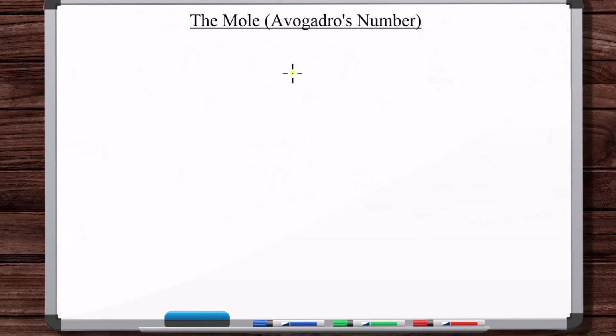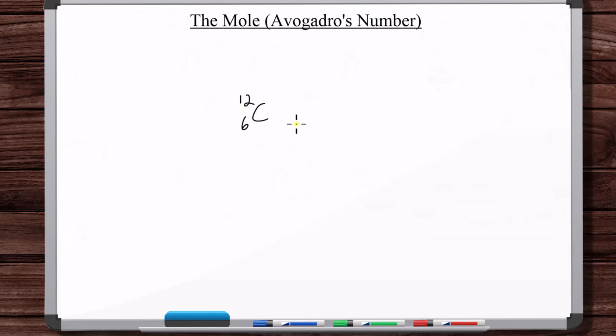Okay? And the definition of the atomic mass unit is based on the carbon-12 isotope, so the specific isotope of carbon that has mass number 12. Since all carbon atoms are going to have 6 protons, that means this isotope is going to have 6 neutrons in the nucleus. Okay?